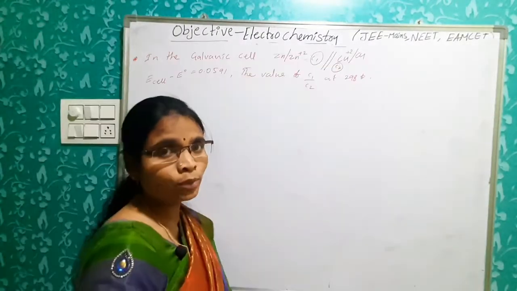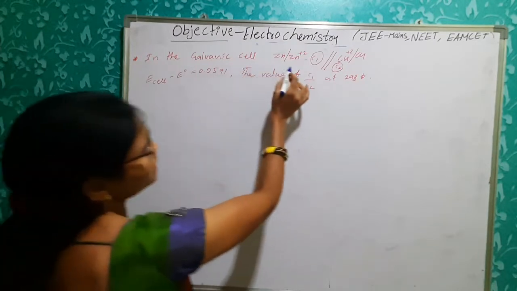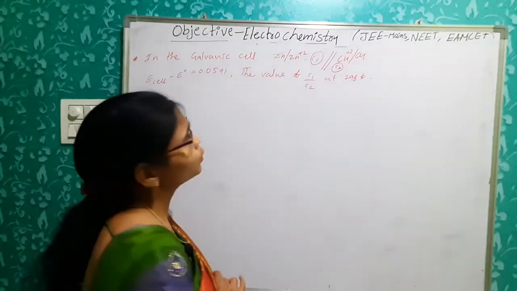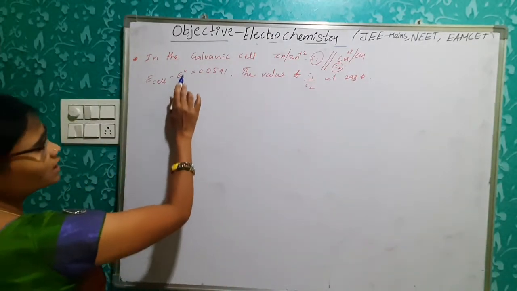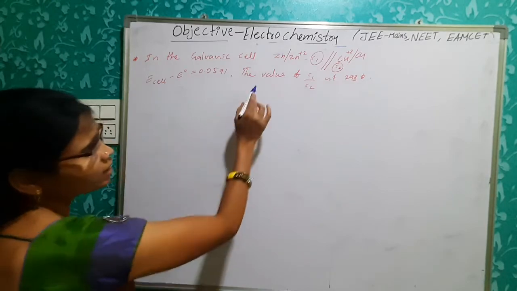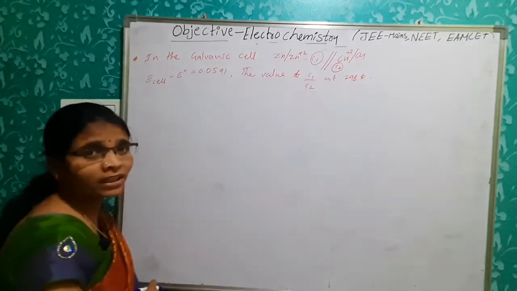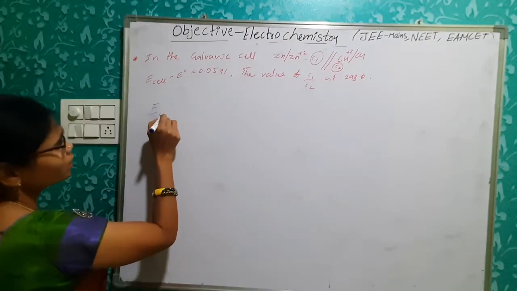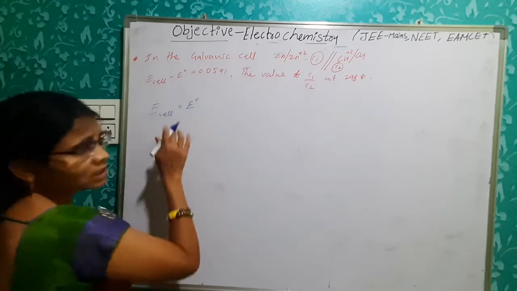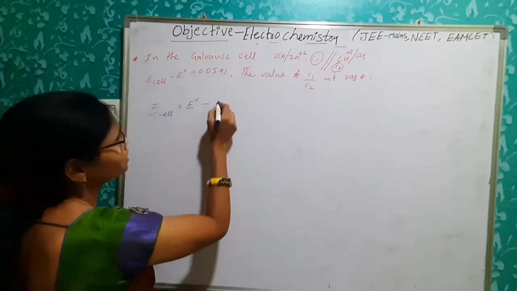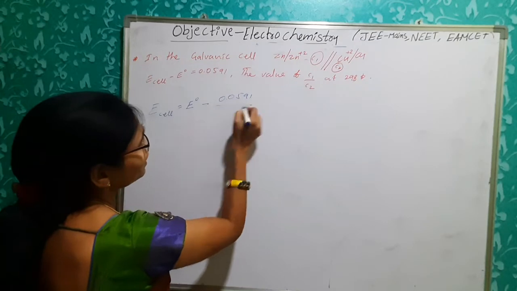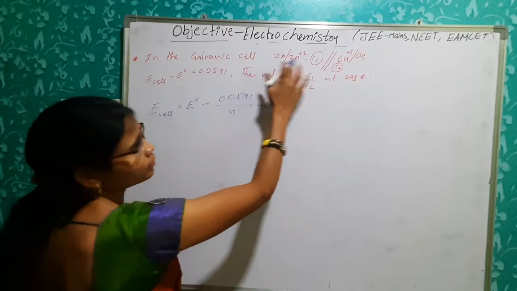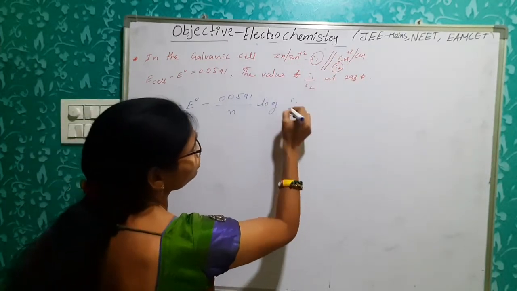Clear? Next problem. In the galvanic cell, Zn/Zn²⁺ with concentration C1 and Cu²⁺/Cu with concentration C2, E cell minus E° is equal to 0.0591. Find the value of C1 by C2 at 298 kelvin. It's very simple. E cell is equal to E° minus, writing the Nernst equation first, 0.0591 by n log of oxidized form by reduced form, C1 by C2.